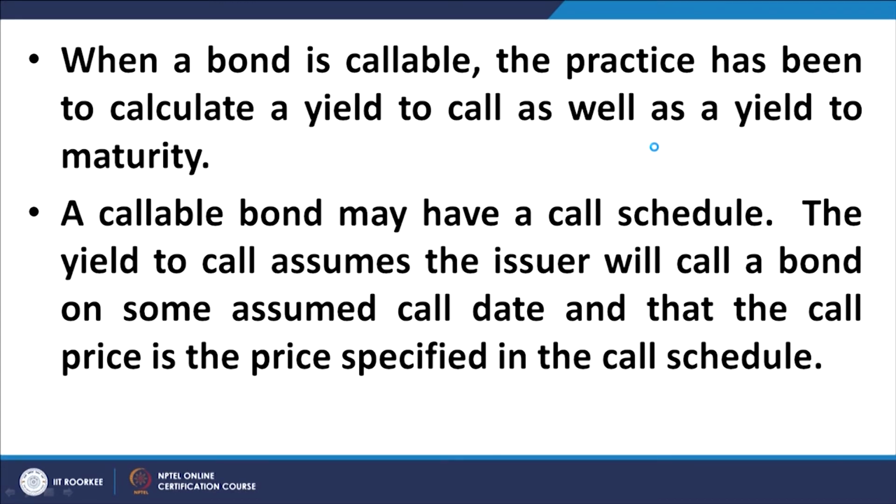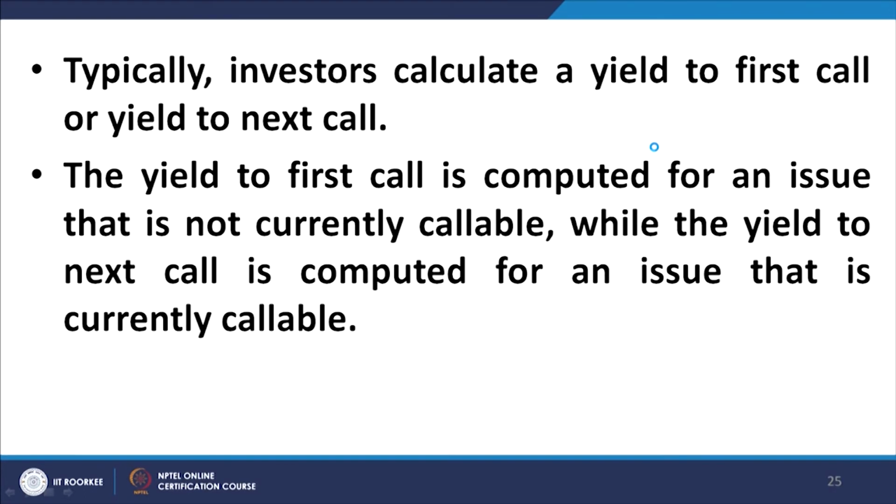A yield to call assumes that the issuer will call a bond on some assumed call date and the call price as the price specified in the call schedule. Typically, investors calculate a yield to first call and a yield to next call. The yield to first call is computed for an issue that is not currently callable, while the yield to next call is computed for an issue that is currently callable.